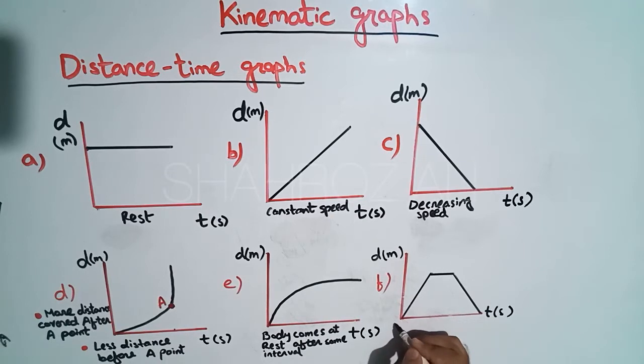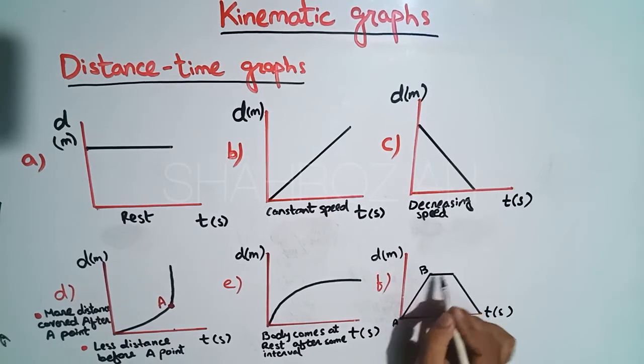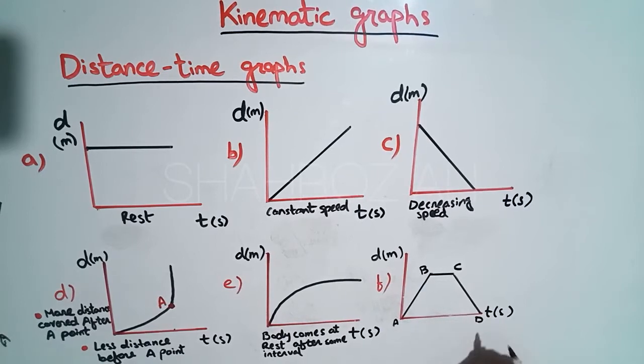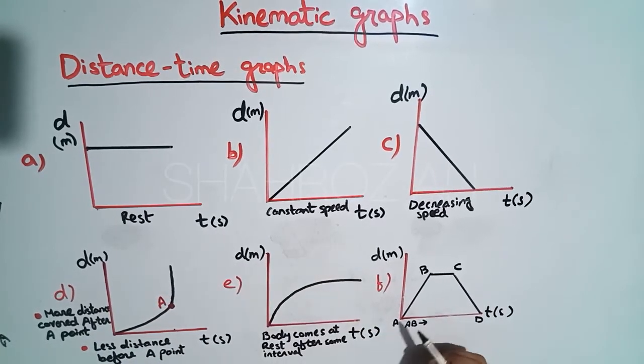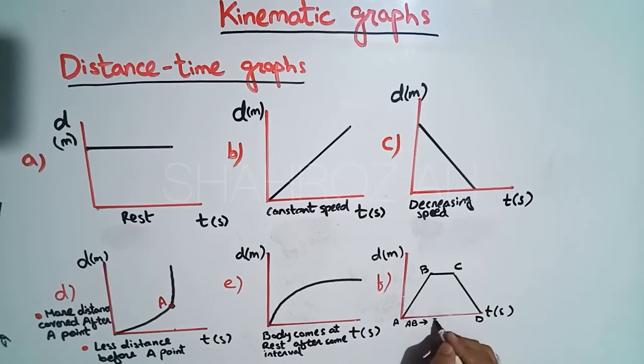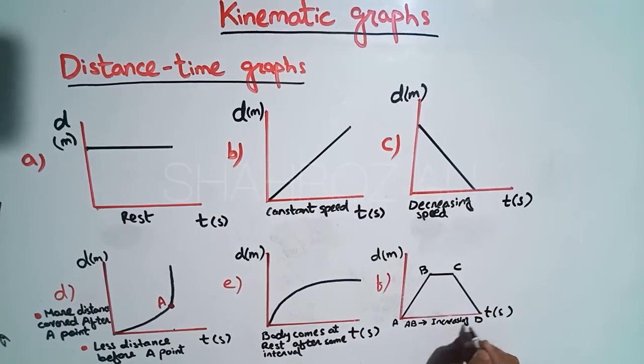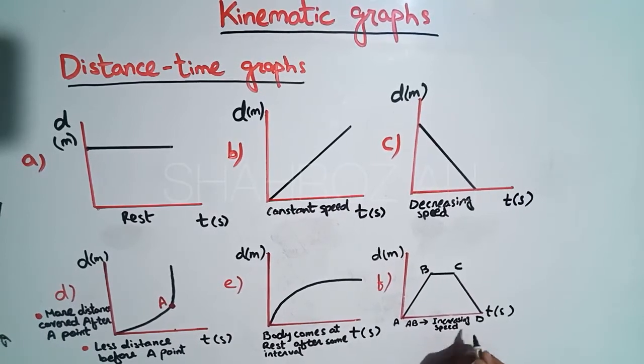Say this is point A, B, C, and this is point D. From A to B, I can write increasing speed, because if we measure the speed by the help of the distance time graph, the first line shows increasing speed.